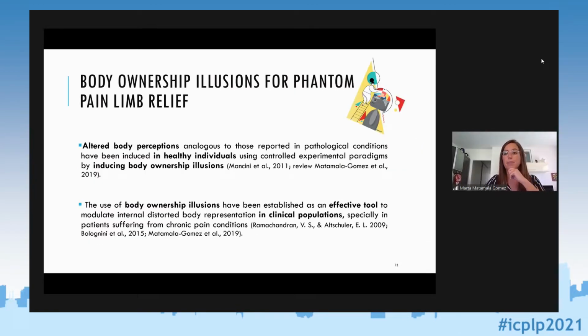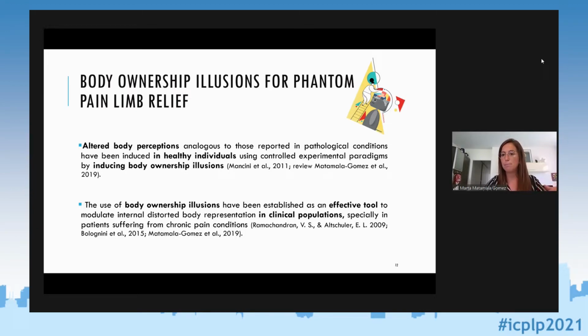So the thing is, how can we use body ownership illusions to normalize these distorted positions? How can we make the patients believe that the distorted representation of their body is normalized? There are a large number of studies demonstrating that we can induce these distortions, happening in clinical populations, in healthy subjects through the use of body ownership illusions, through rubber hands, through virtual reality.